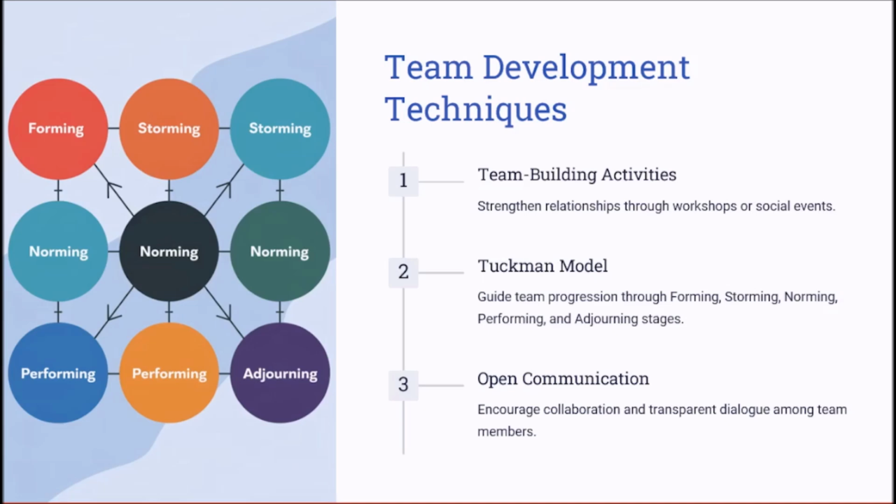Then finally, the adjourning phase. So ensure understanding these stages and what actions as a project manager you should be doing when forming, storming, norming, performing, and adjourning. Finally, ensure that you encourage open communication and collaboration between your teams to avoid any bottlenecks in communication.